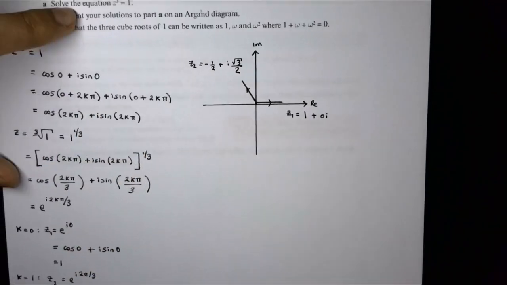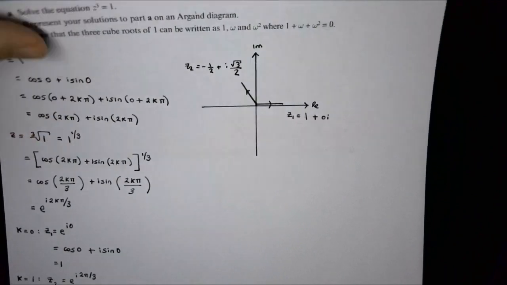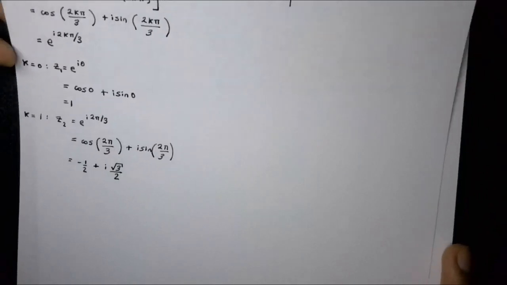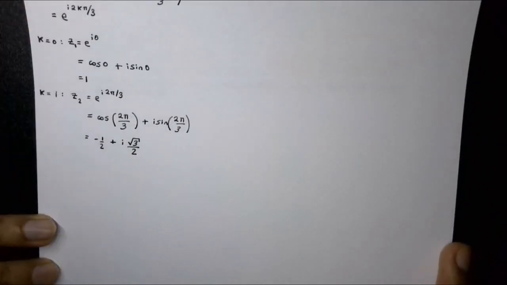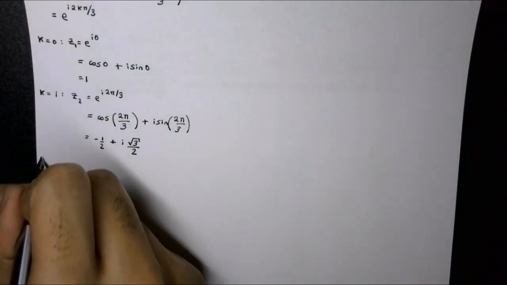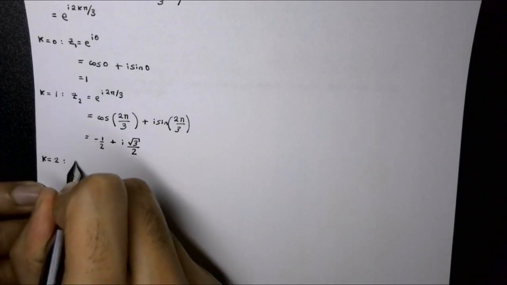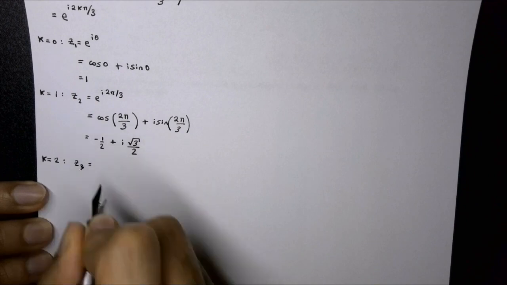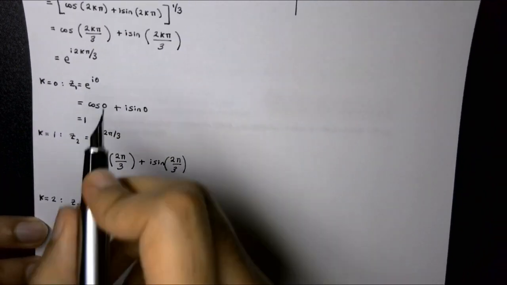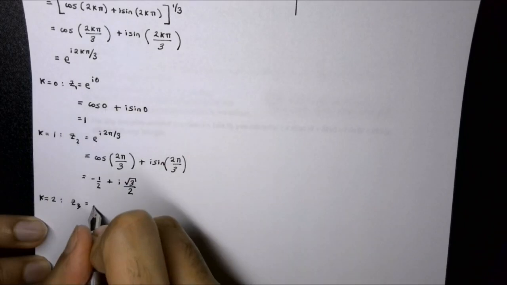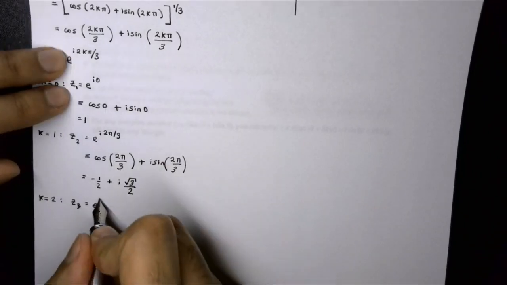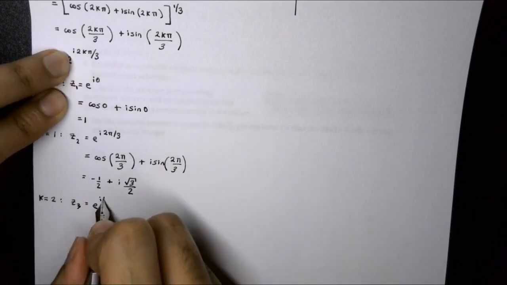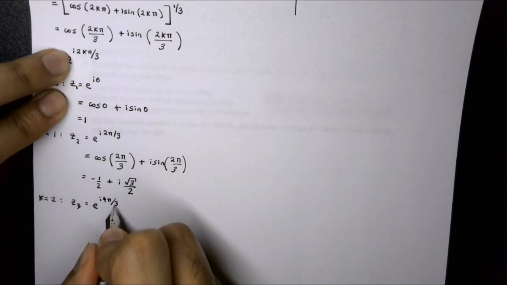Now, the next value of k which we can choose is k equals 2. Okay, but let's see what happens when k equals 2. We've got z3 equals, now if we use what we have over here, we've got e to the power of i lots of 2 times 2 times π, which is 4π, and then we divide this by 3.